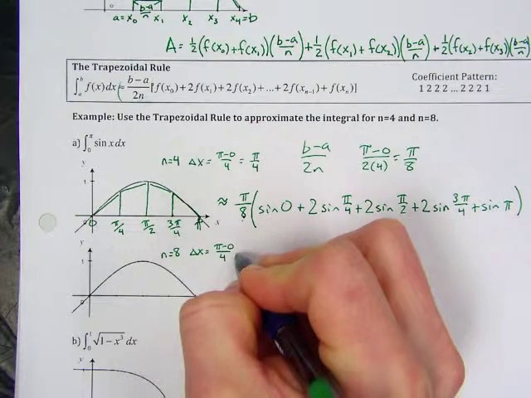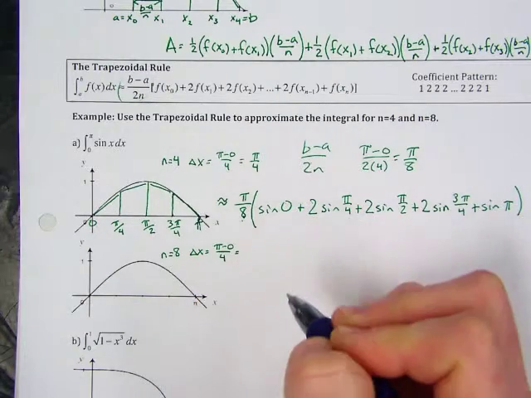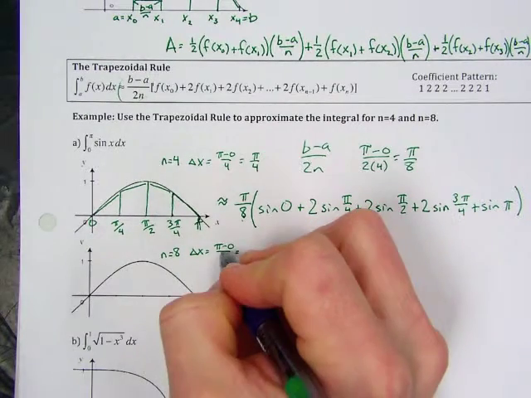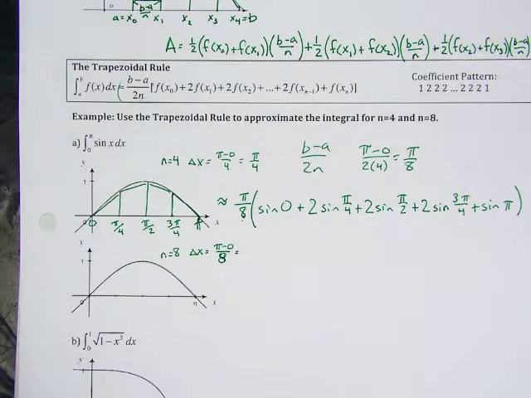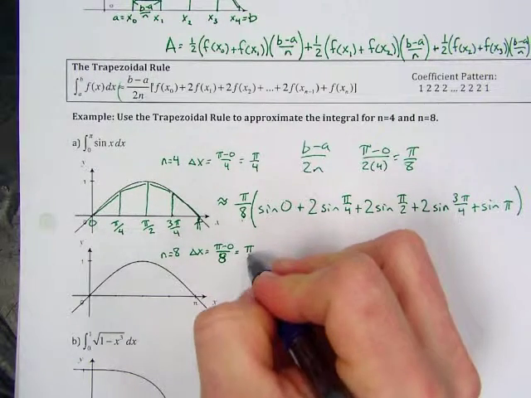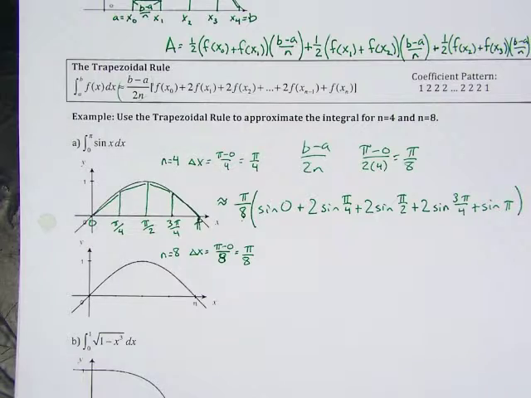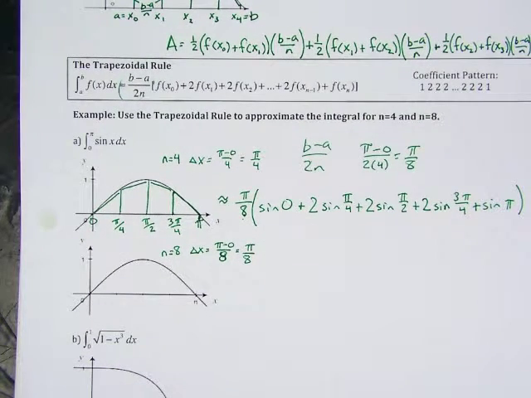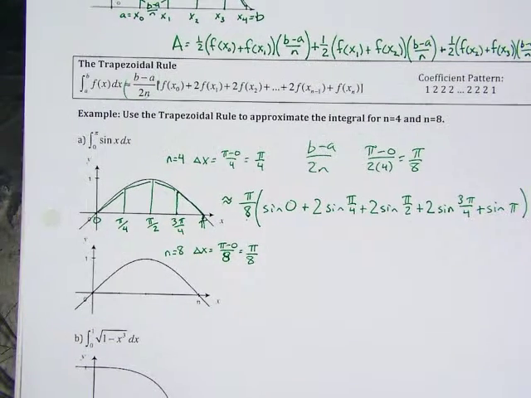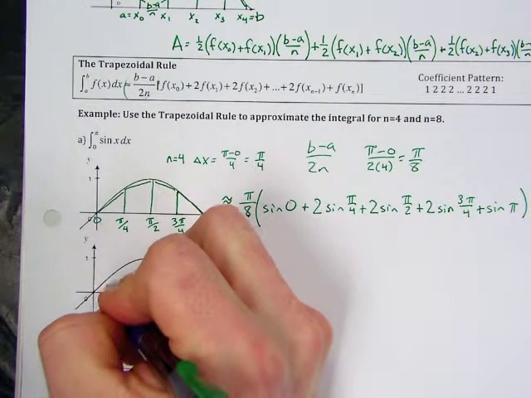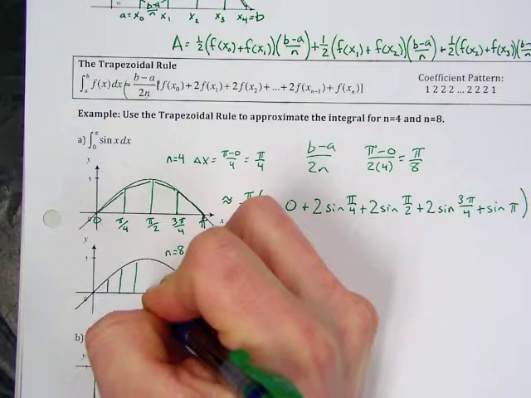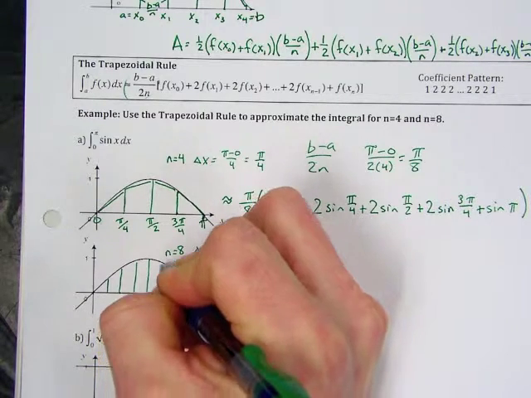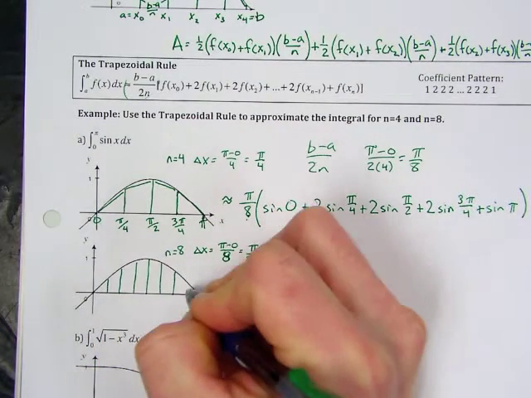So notice delta x is now going to equal pi over 8, and now we have twice as many trapezoids, which you guys are right, that is going to make this more accurate. If we let n go to infinity, then we should have a really good approximation.